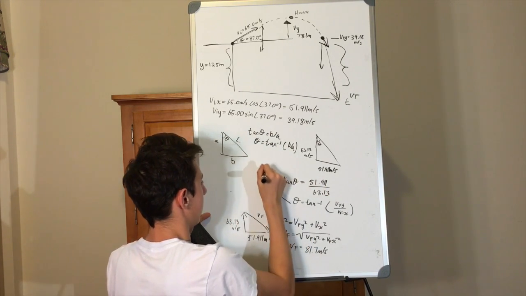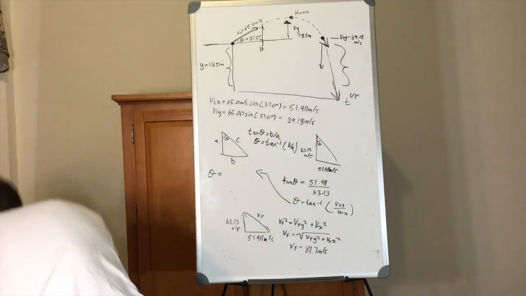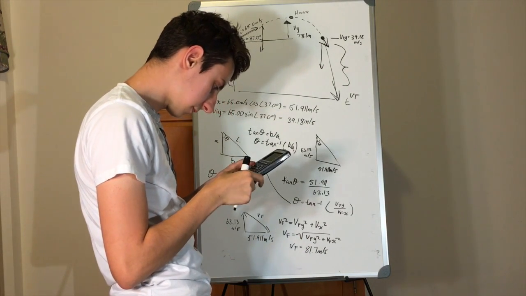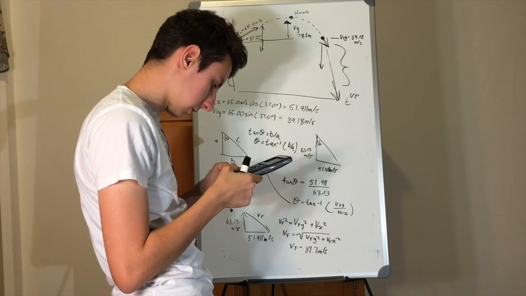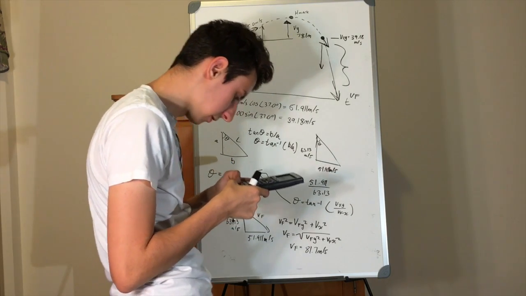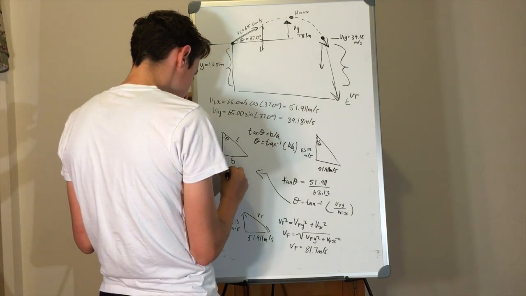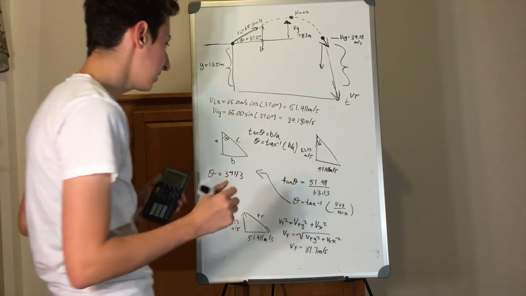And we'll get a theta equal to the second tan inverse of 51.911 divided by 63.13. We get 39.43. But we're still not done, because this is the angle.